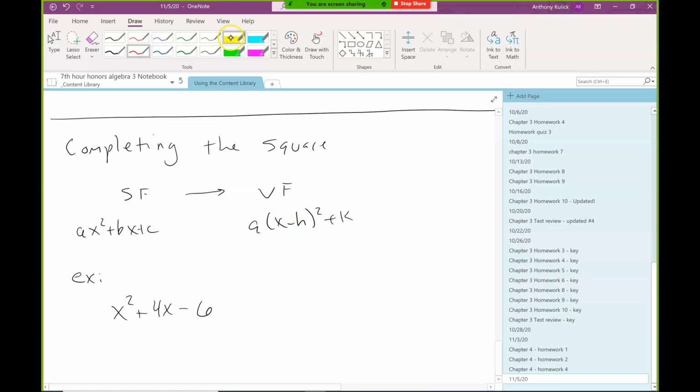So if I look at my vertex form, the key is going to be getting this piece. So what I'm going to do is take this part and try to turn that into the x minus h squared part.